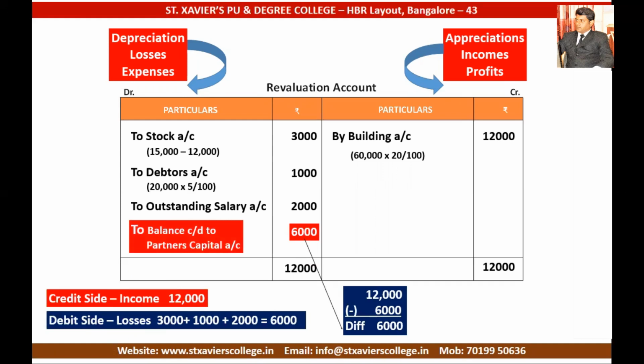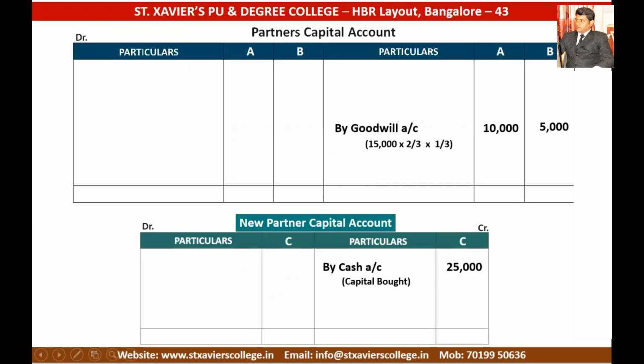Whatever the difference in the revaluation, we'll get either at the debit side or at the credit side, that difference will be shared between the partners. So this 6,000, it is at the debit side, we'll take to the partners capital account. We write at the credit side from which account we are taking that 6,000. We are taking from the revaluation account.